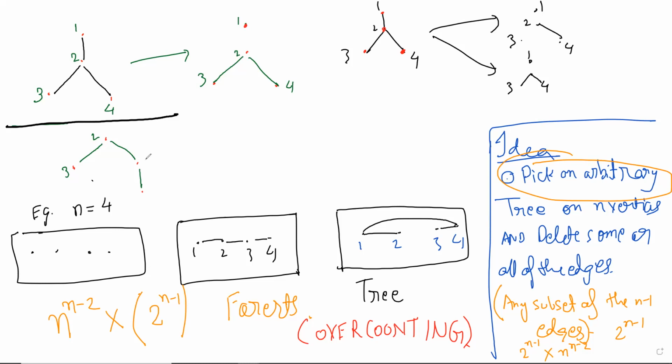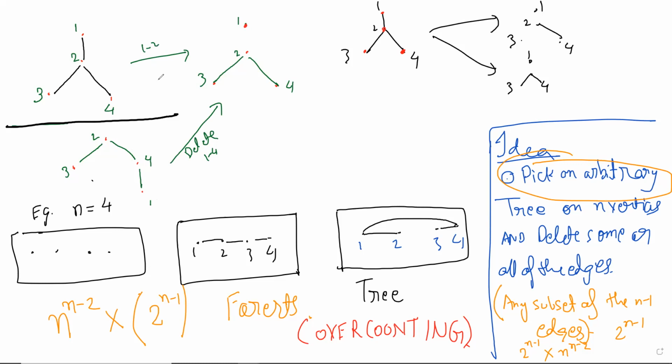You see, 4 and 1. These two are different trees. But you can understand, right? I can delete this 4 and 1, and I can still get this. So you delete 1, 4. And here you're deleting 1, 2.